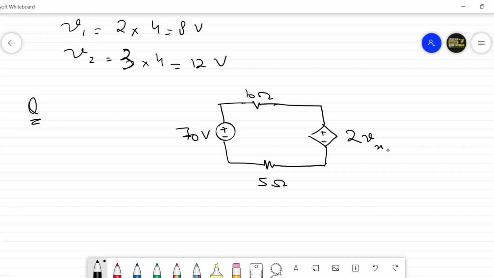This is 2Vx, where Vx is the voltage across this particular circuit element, that is the 10 ohm resistor. So you have to find Vx and V naught.